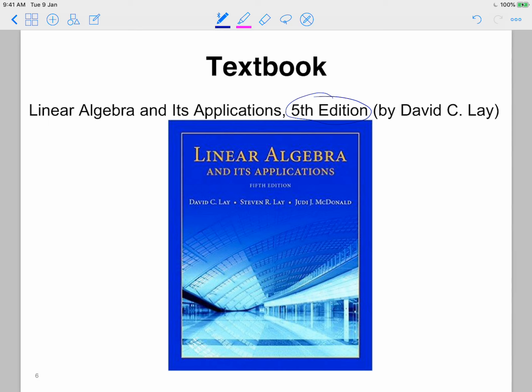If you use previous or older editions, those exercise problems will not match, so you might solve the wrong problem. Please make sure to have this book as your textbook. I believe there is an electronic version, so I think you can get the file online.